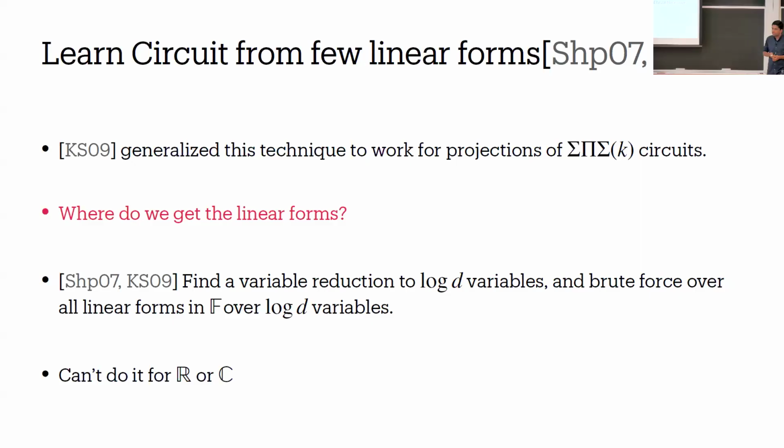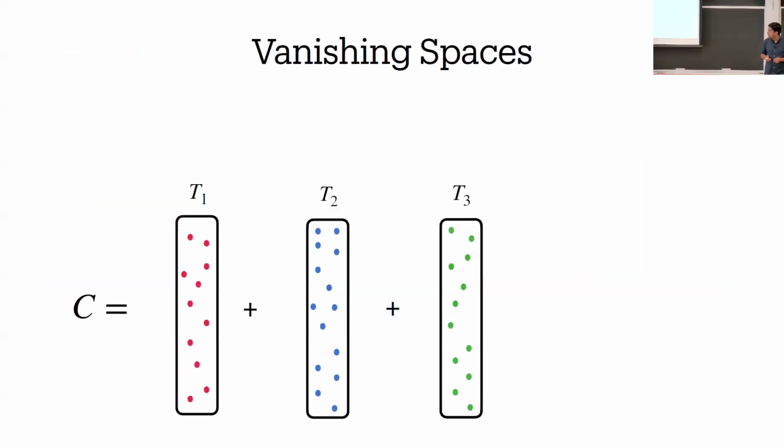Where do we get our linear forms from? And we get them from something we'll be calling vanishing spaces. What do I mean by that? Well, consider 3 linear forms of 3 different colors, L1, L2, L3. What happens if I look at the circuit mod L1, L2, L3, mod the ideal generated by L1, L2, L3?